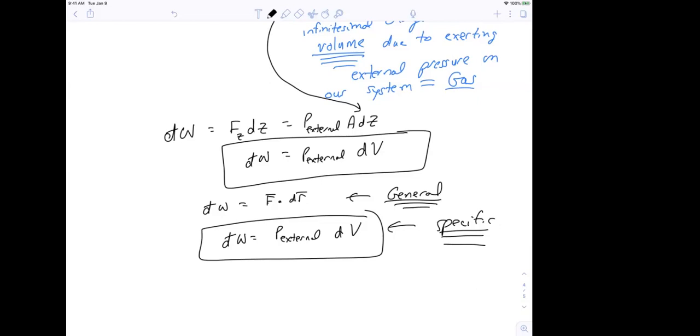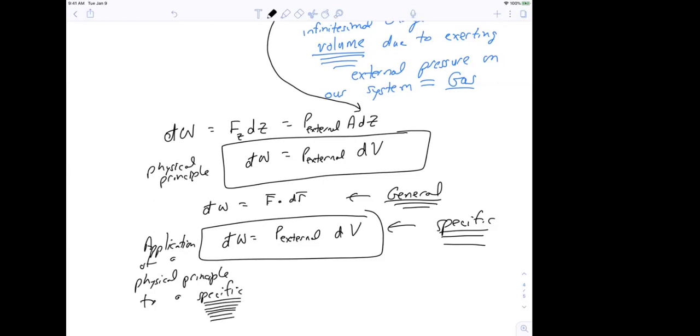Okay? And so that's how the general logic works in terms of beginning with physical principles, and here is the application of the physical principle to a specific case.